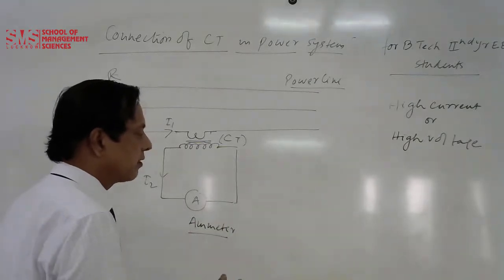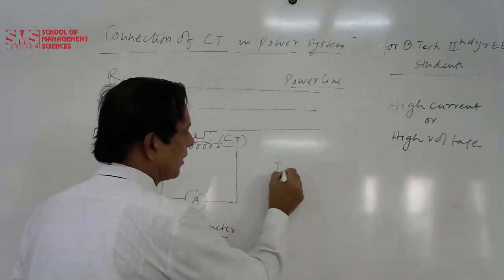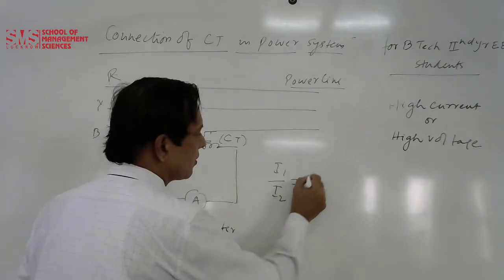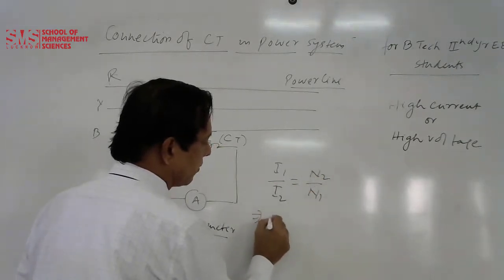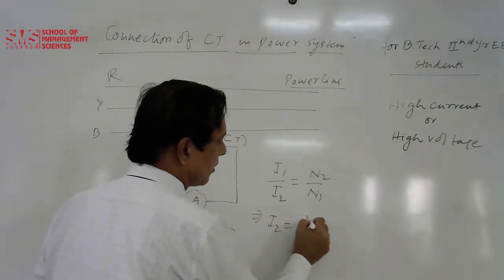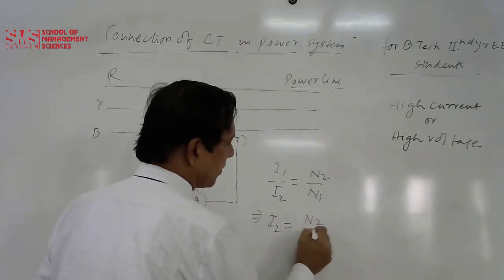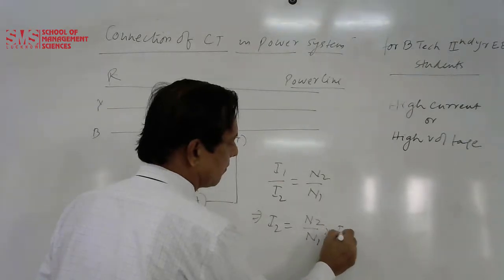By current transformation, you know the formula is I1 by I2 is equal to N2 by N1. So we can write I2 is equal to N2 by N1 into I1.